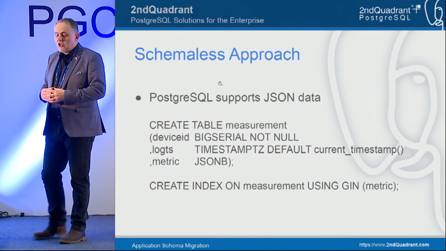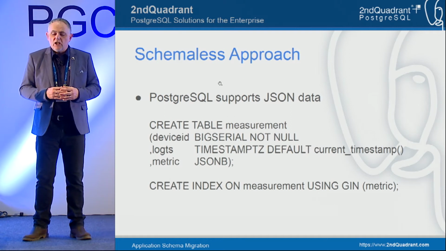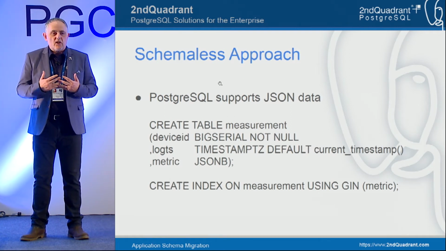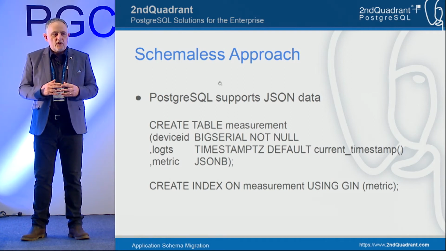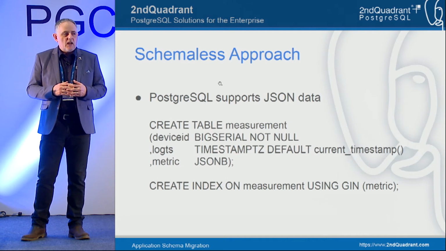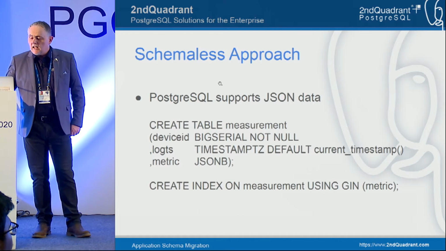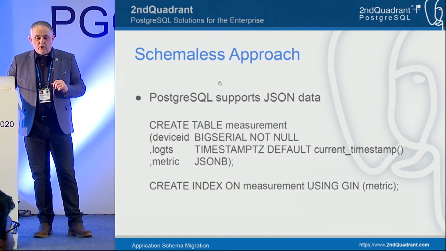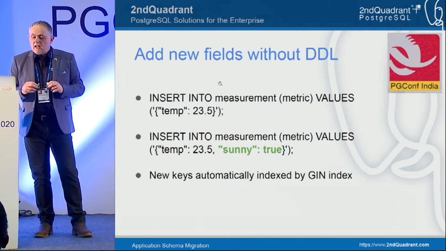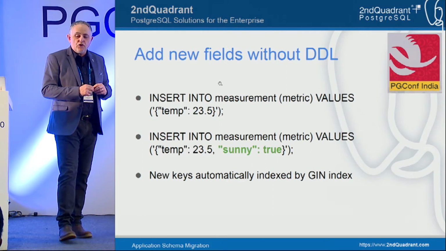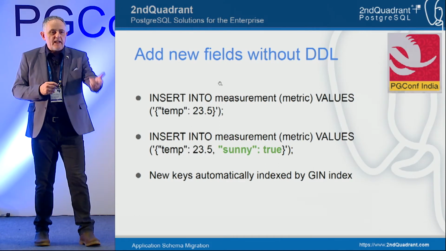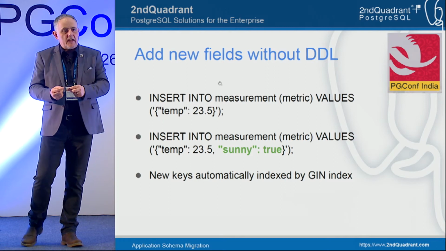And if you're using JSON data, then you can use one of the advanced index types that we've got. For example, the GIN index is suitable for use on JSONB data. And that approach you have there allows you to add new fields to your data without executing DDL.